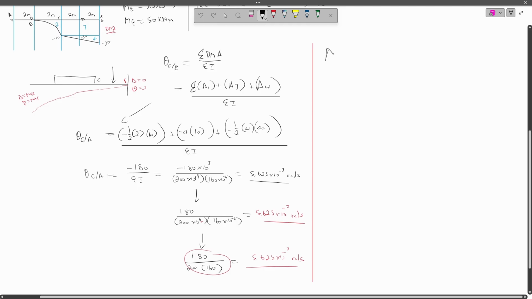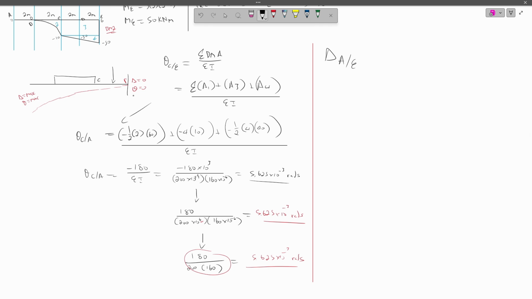So our deflection is at A, in reference to E, since we know something at E, which is the sum of the bending moment areas times centroid divided by EI.